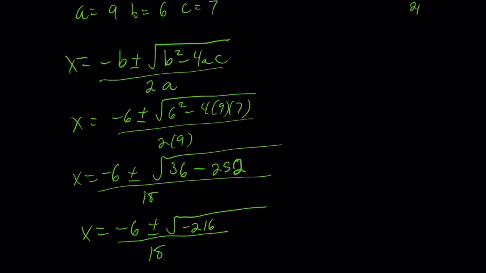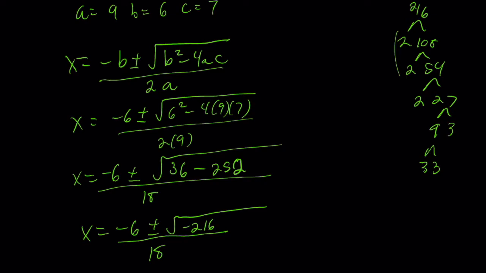216 factors into a 2 times 108, which is a 2 times 54, which is a 2 times 27, which is a 9 times 3, which is a 3 times 3. So I can pull out a factor of 2, a factor of 3, and I'm left with 6. Oh, I have to pull out an i first.